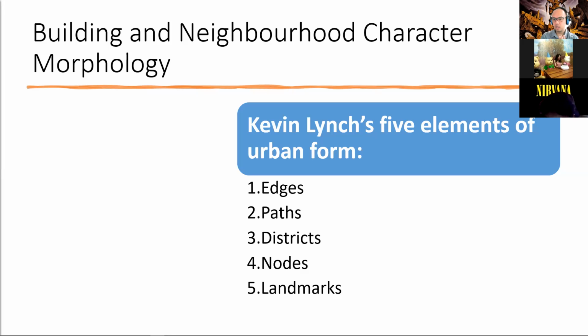Kevin Lynch, in his seminal work, The Image of the City, developed a conceptual framework to assess urban structure or legibility. Another word for legibility is clarity. Structure, clarity, and to explain how people form cognitive maps or mental images of the built environment.